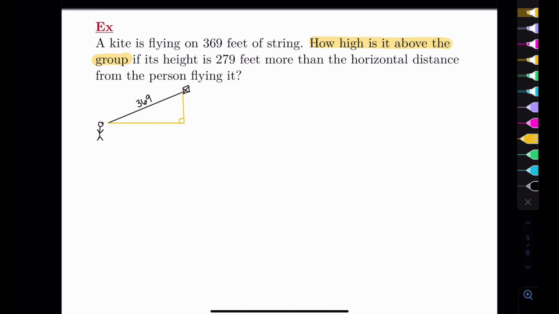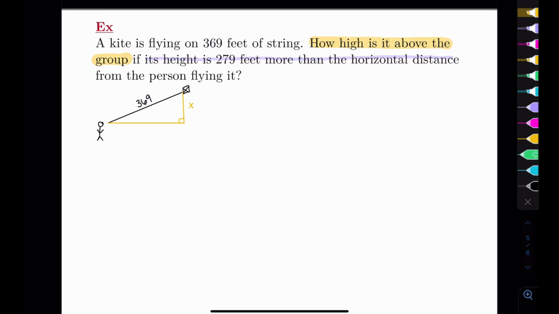I am specifically looking for this side length here. So I'm going to label this as x because in the end, I want to find what x is equal to. If I don't do this, I'm going to have to remember to go back and do something else. Because the thing that's confusing with this one, we're told its height is 279 feet more than the horizontal distance.